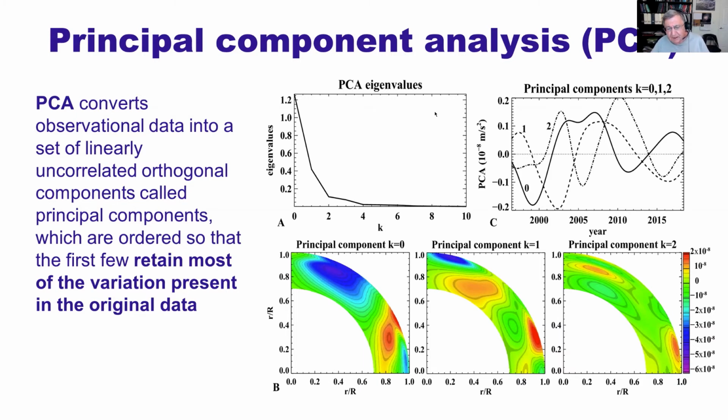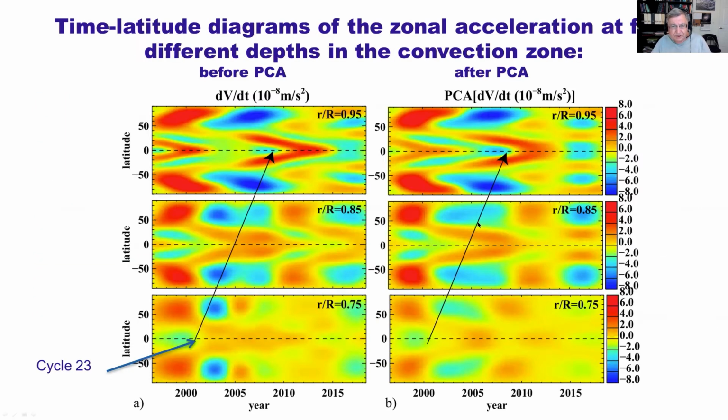And it turns out just 3 components of principal component analysis describe pretty well the long-term variations of this zonal flow, zonal acceleration. And here, just for comparison, I show the pictures before applying PCA on the left and after applying PCA on the right.